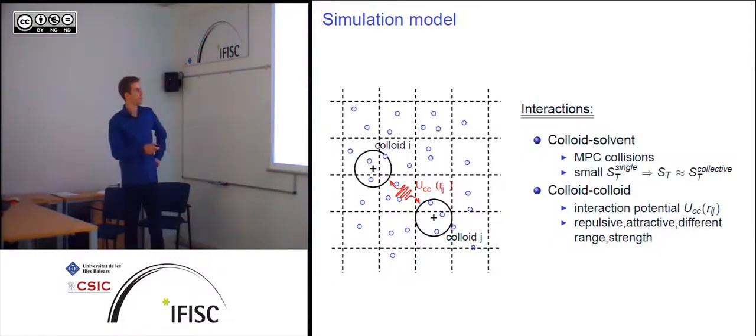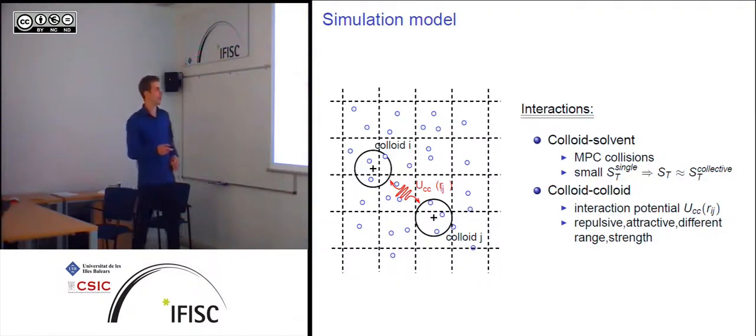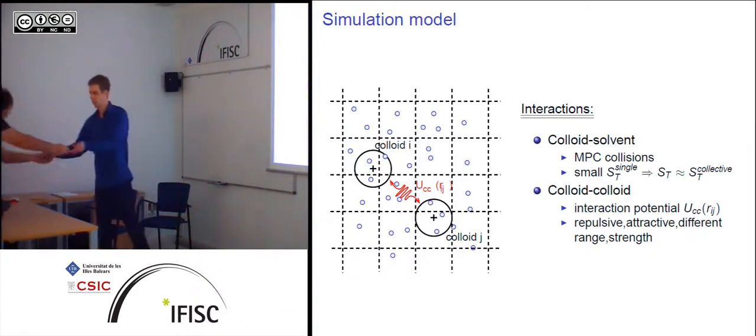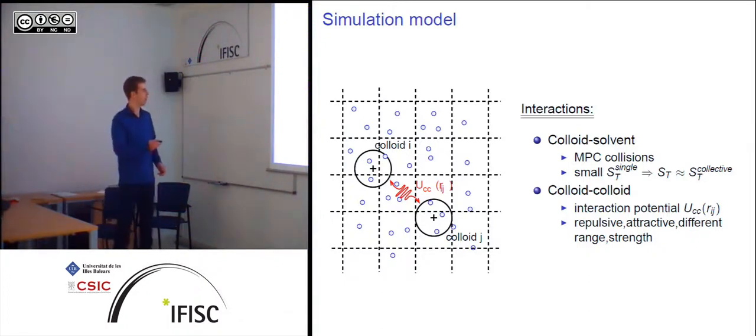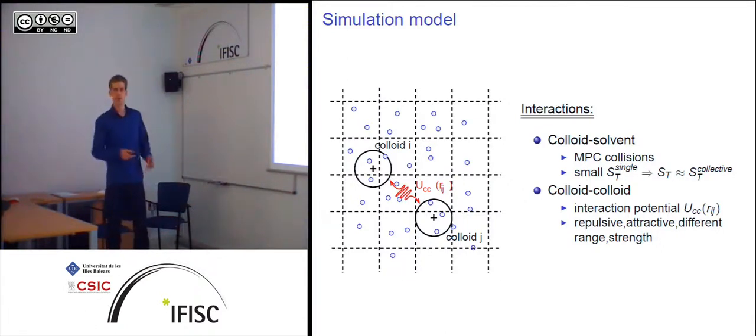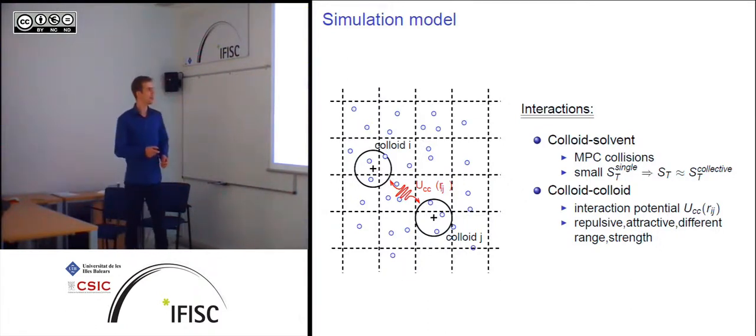So we describe our interaction of the colloid with the solvent with the multi-particle collision that I presented to you previously, and in these collisions where you just interchange momentum between the colloid and the solvent, this leads to a very small single particle Fourier coefficient.